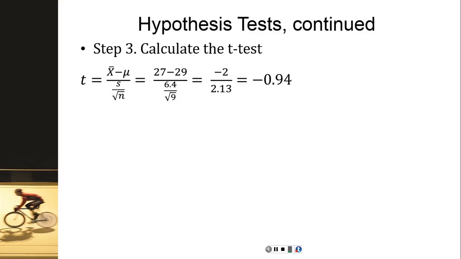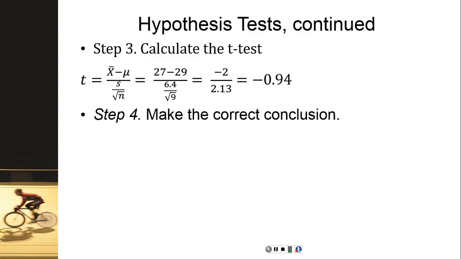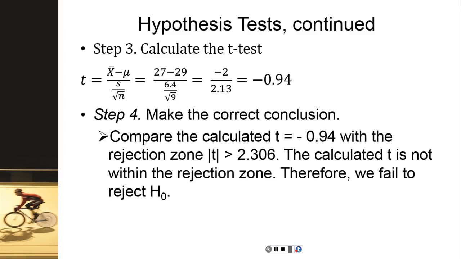In step number 4, make the correct conclusion. Compare the calculated t, negative 0.94, with the rejection zone, absolute value of t greater than 2.306. We find the calculated t is not within the rejection zone.